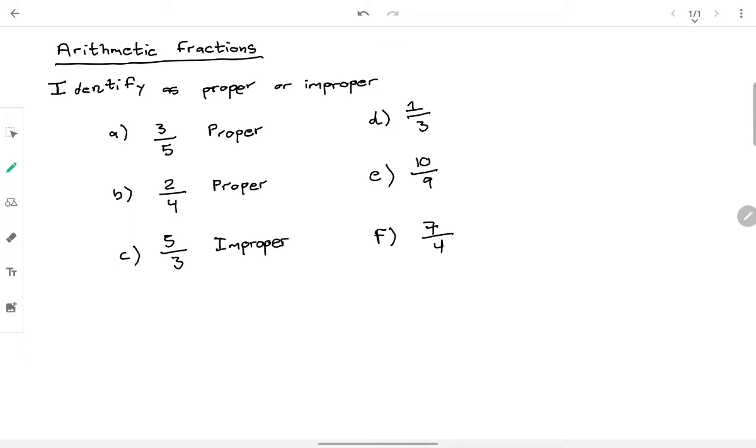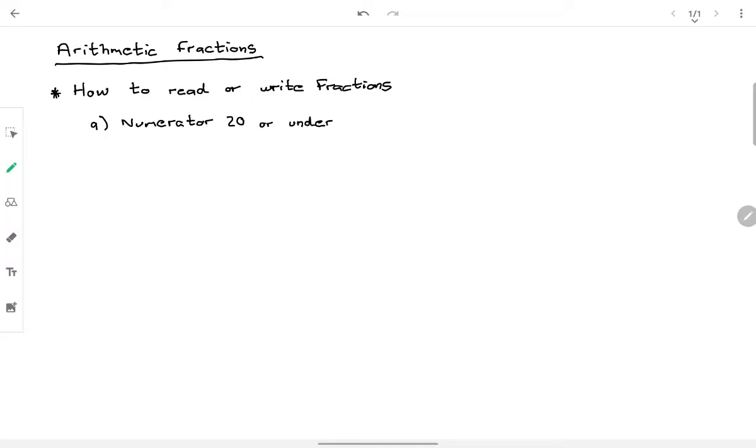In D, 1 is less than 3, so that's a proper fraction. In letter E, 10 is bigger than 9, so it's an improper fraction. And 7 is bigger than 4, so it's also an improper fraction. So this is an easy task to do, to select if a fraction is proper or improper.